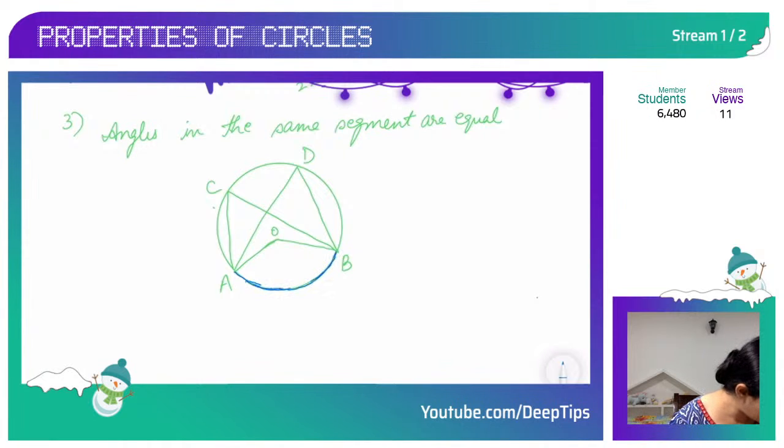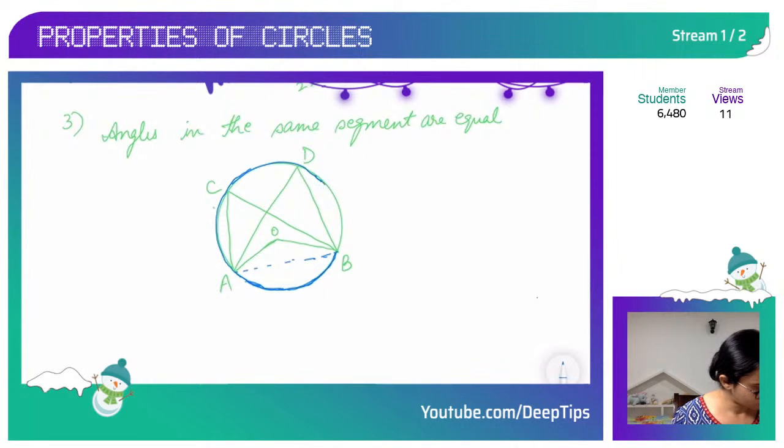So this arc here, if I join this AB, I get a segment also, correct? But angles in the same segment are equal, or angles subtended by the same arc are equal. So if you look here, these angles are subtended in the major arc, in this major arc, correct?